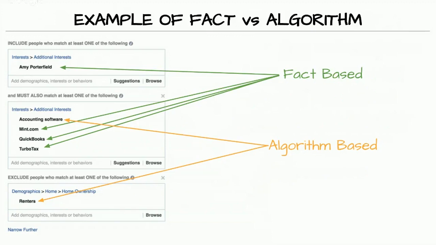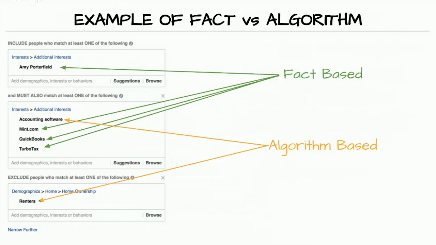So basically what I'm saying here is that the more you use fact-based targeting, the more I think you're going to find success quicker, because whoever I'm targeting right now likes Amy Porterfield. I know that. Or they like Mint.com. I know that. Versus something like renters. I'm not saying these don't work. I've used these and they have worked. Don't get me wrong.